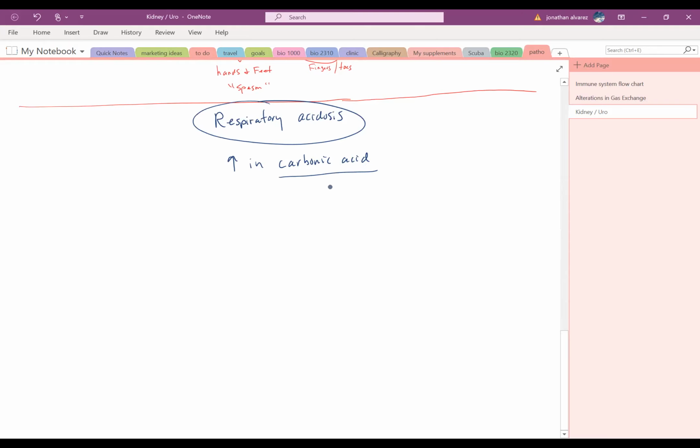This is another way of saying CO2. Okay, so carbonic acid is excreted by the lungs in the form of carbon dioxide.